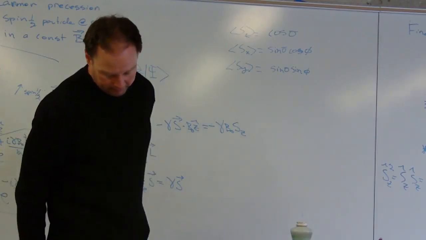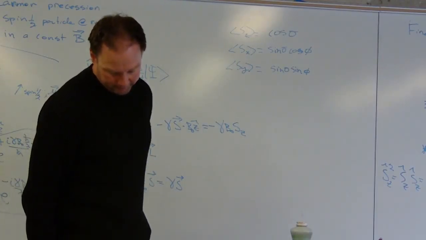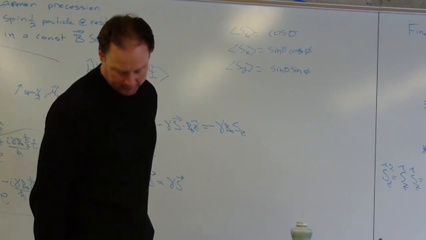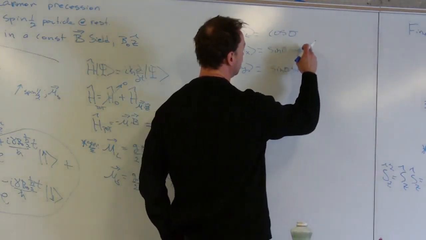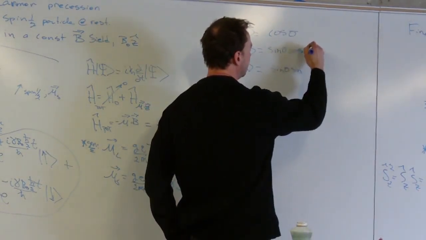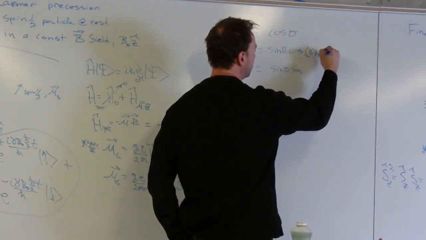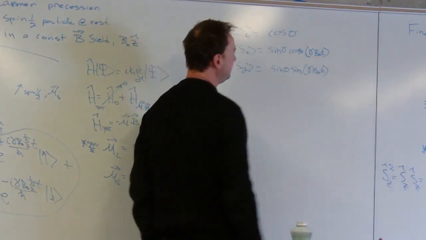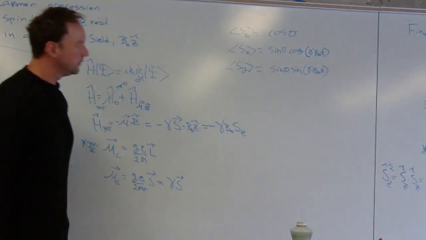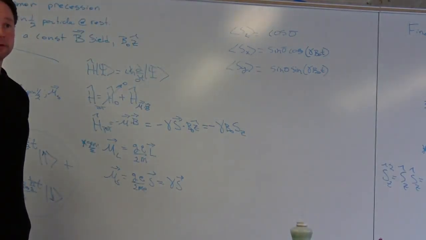And where phi in particular is, let me put this in explicitly, phi is gamma b0 t. So this is cosine of gamma b0 t. So these are the expectation values.